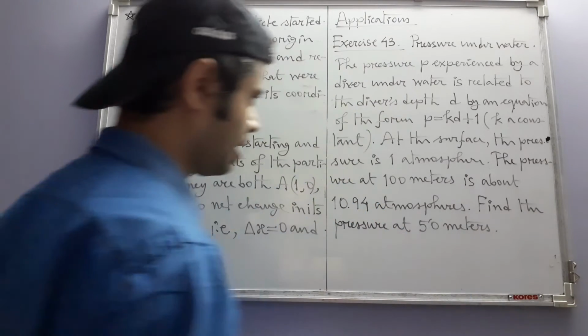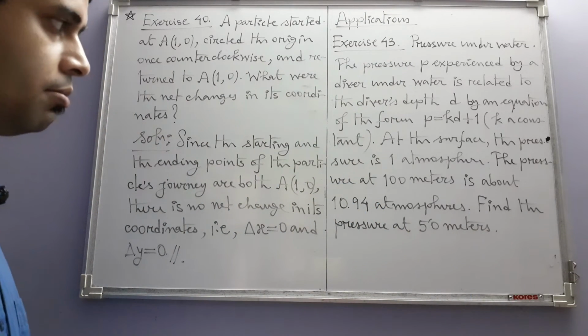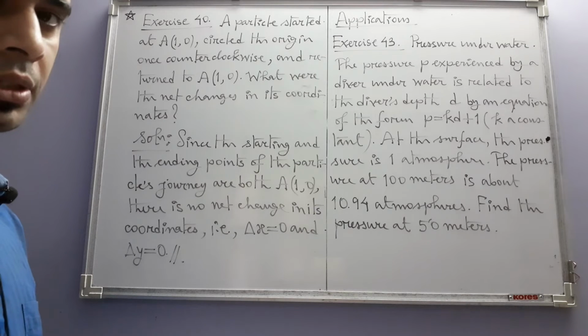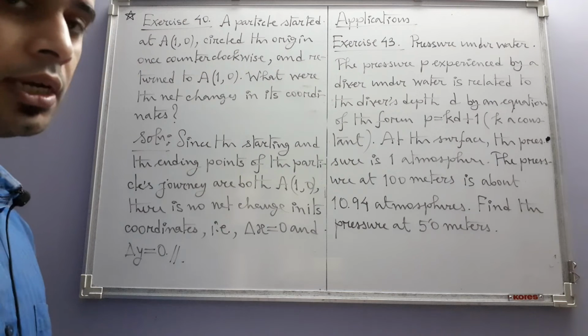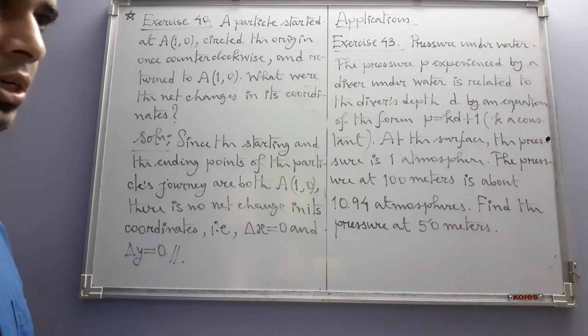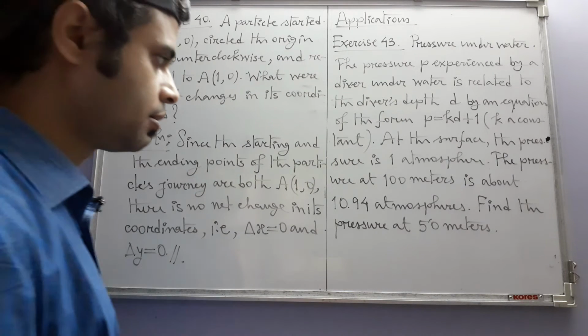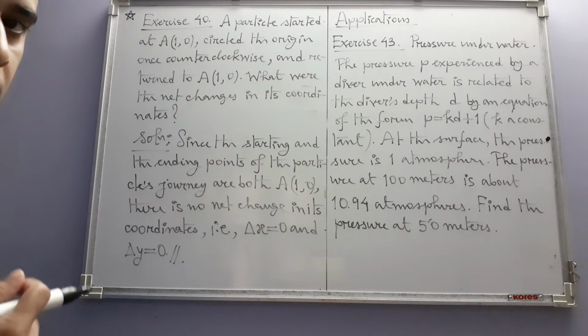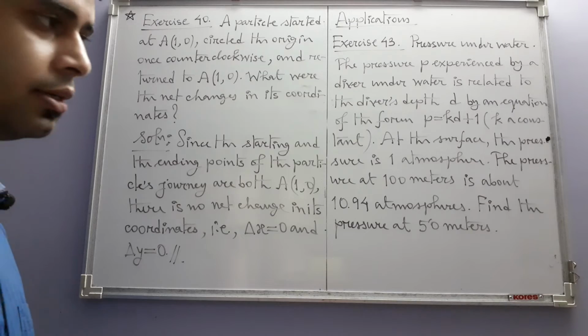I think 100 meters, I'm not sure, but 100 meters is the limit, or maybe 200 meters is the limit of recreational diving, after which it becomes really dangerous and specialized breathing equipment is needed and training is also needed.